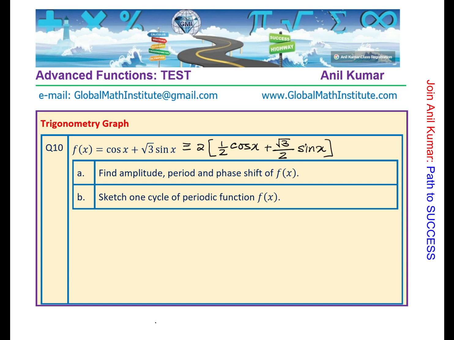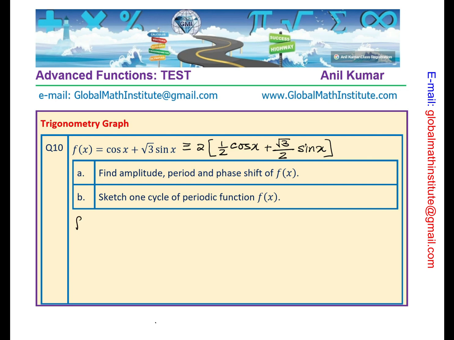And we substituted half to sine alpha and square root 3 by 2 to cos alpha. So we got the value of sine alpha and cos alpha also, right?